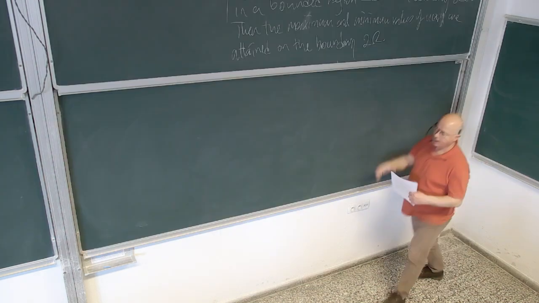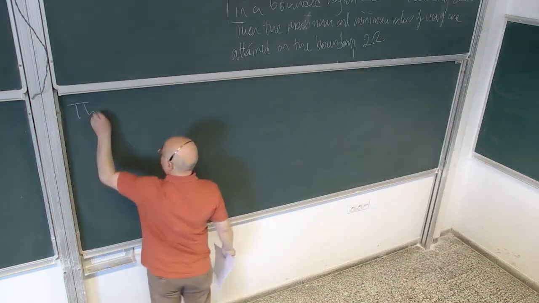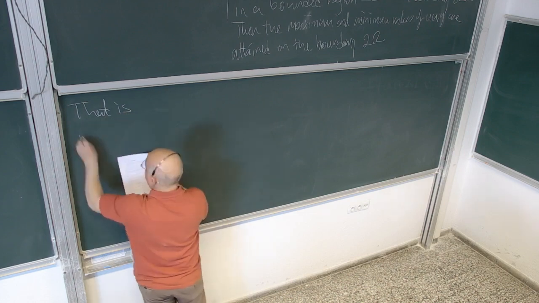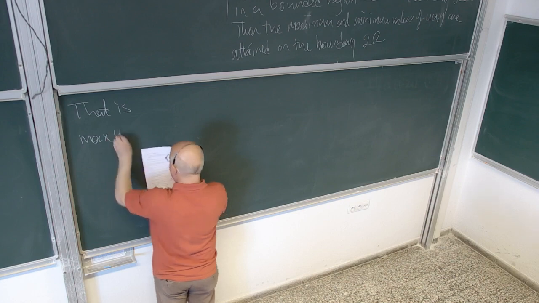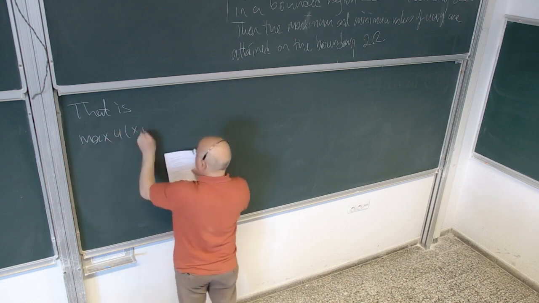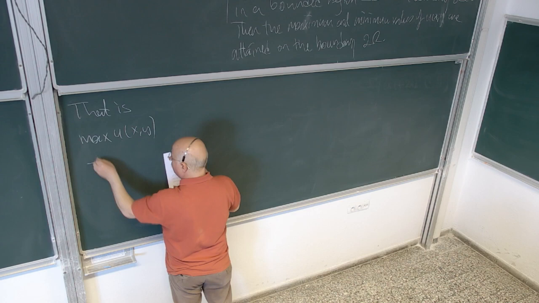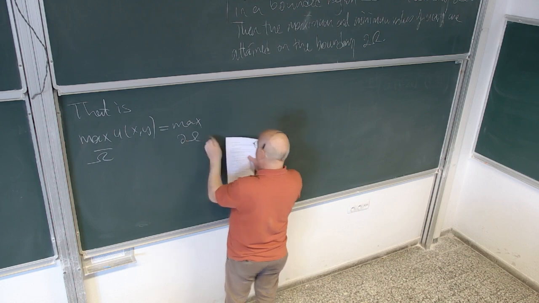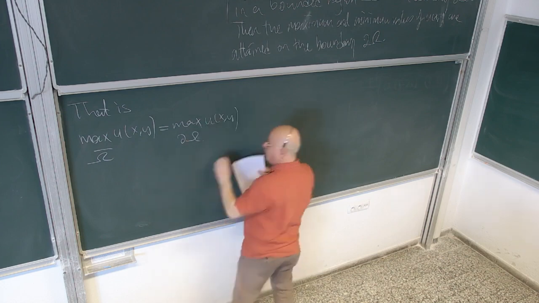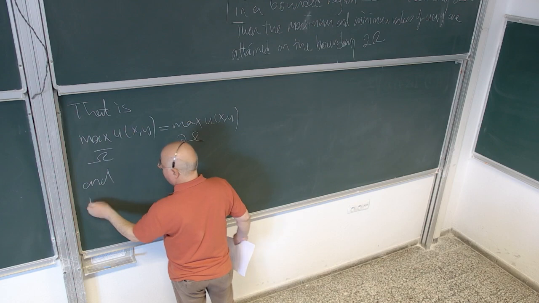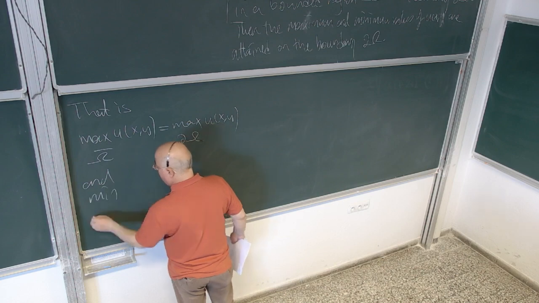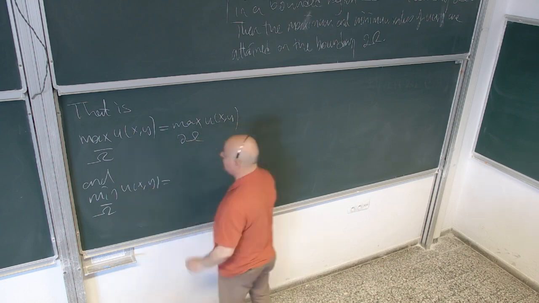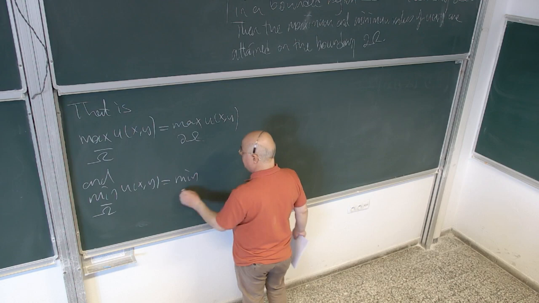Yani şu aslında, that is, maximum of u xy on the closure is the same as maximum on the boundary u xy, and minimum on the closure u xy on this closed set, closed and bounded set, is the same as minimum on the boundary.